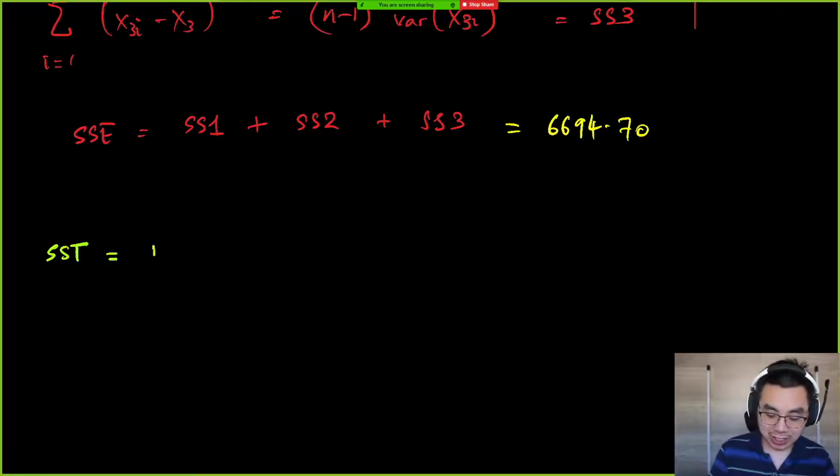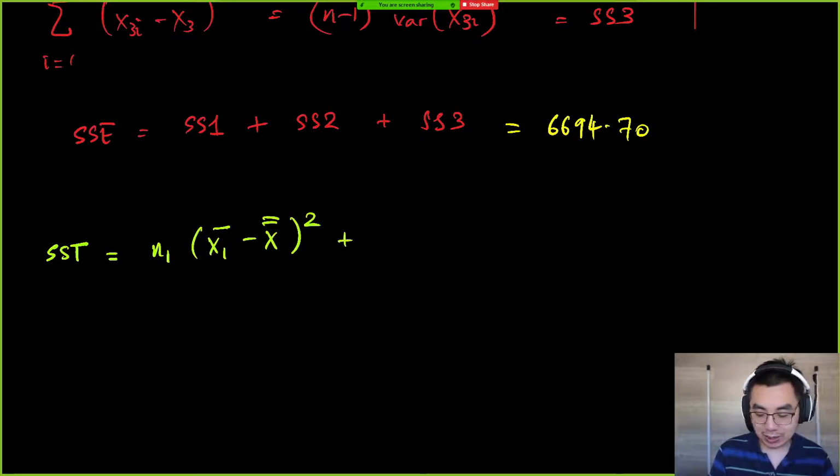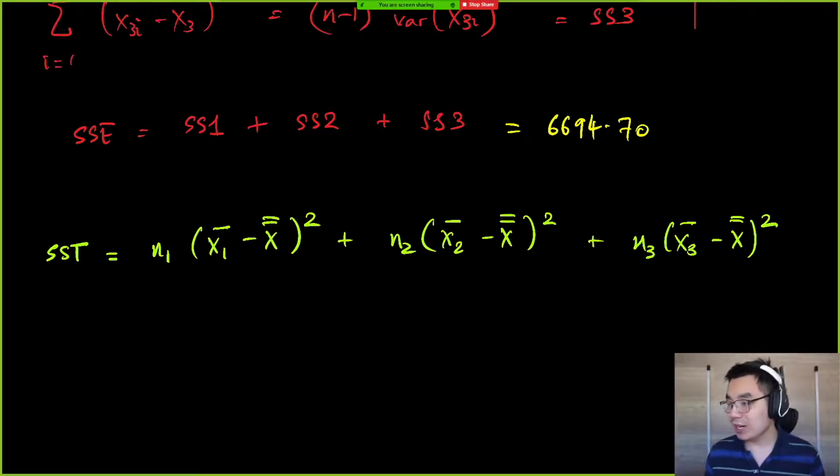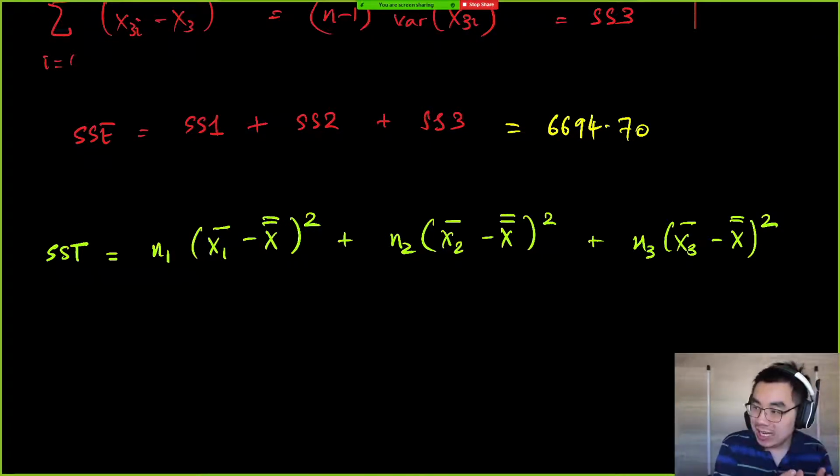Then it's simply n1 times x1 bar minus the overall mean squared plus n2 times x2 bar minus the overall mean squared plus n3 times x3 bar minus the overall mean squared.